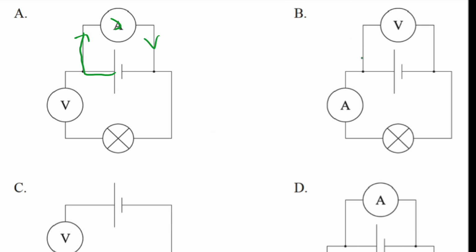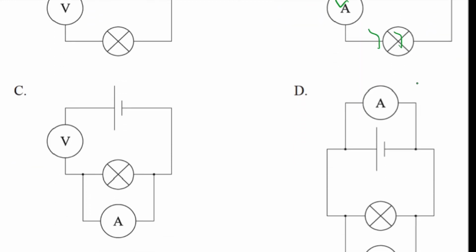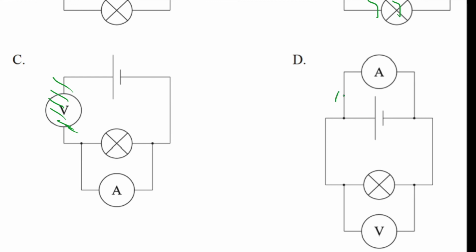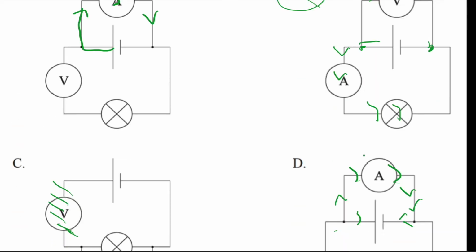For B, it is correct because current will go through the ammeter, go through the lamp, and the voltmeter will measure the voltage of the battery terminal. For C, no current will go through the circuit because the voltmeter has infinite resistance. For D, same thing. All current will go through the ammeter, so no current will be going through the lamp. So B is the answer.